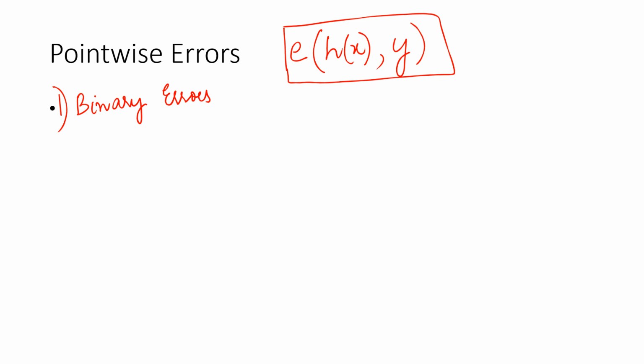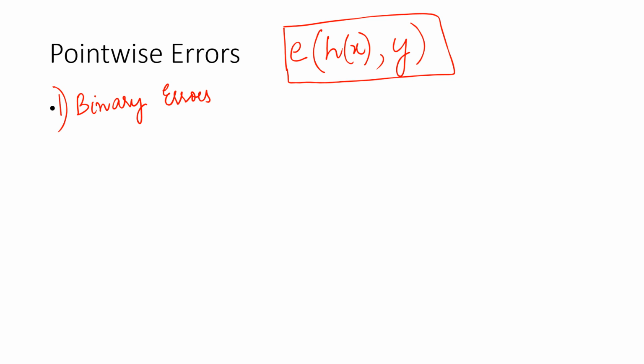Basically, this pointwise error should quantify the price you will pay when my h of x does not conform to my y, the calculated value of my outcome does not conform to the actual outcome, the actual example I have. And my pointwise error is going to count all such instances, whenever there was a disagreement between h of x and y.